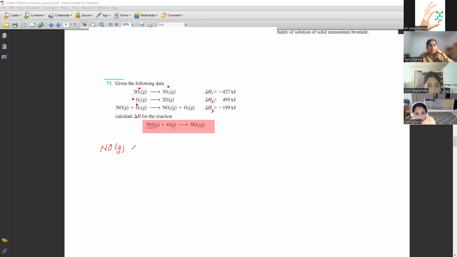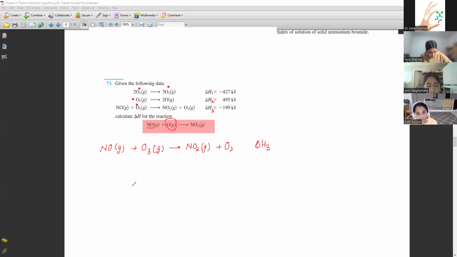The second one. I think equation 1 I'm not using anywhere, so I'm just writing it like this, NO2. NO2 is taken care of, right? So equation 3, delta H3, I have taken as such. Equation 2, how should I take equation 2?